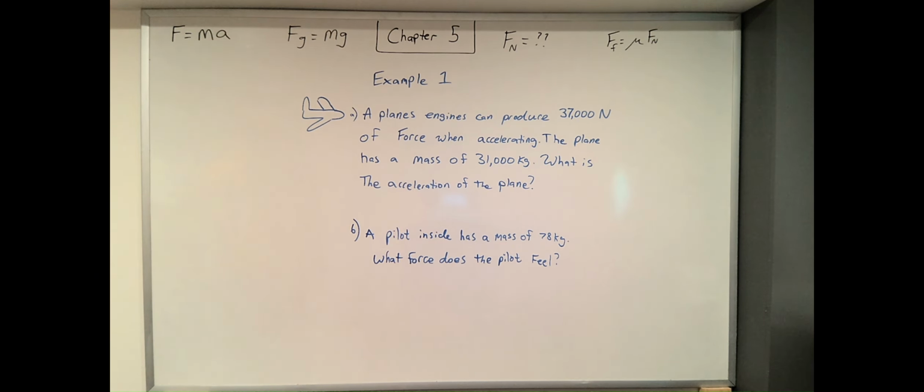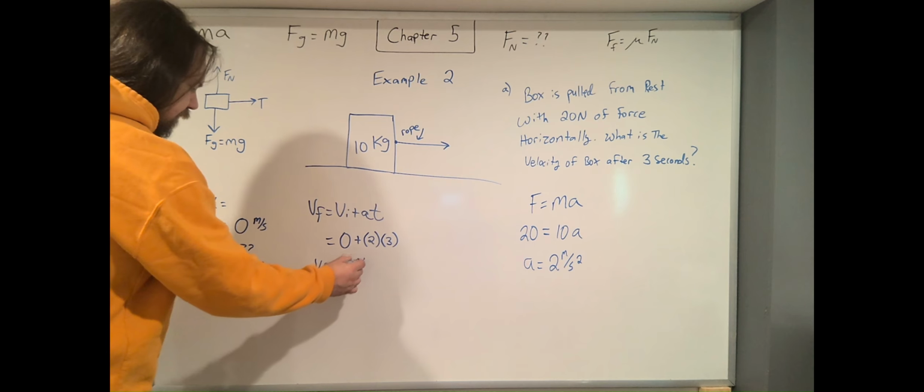It's the first equation: VF is equal to VI plus A times T. VF is what I'm looking for, so I'm going to leave that one alone. VI is 0. That's perfect. Plus A, which we calculated to be 2, and the time is 3. So what's our VF? 2 times 3 is 6.